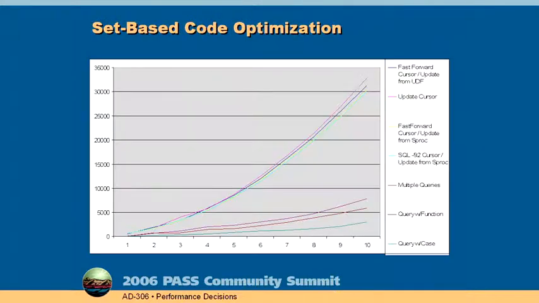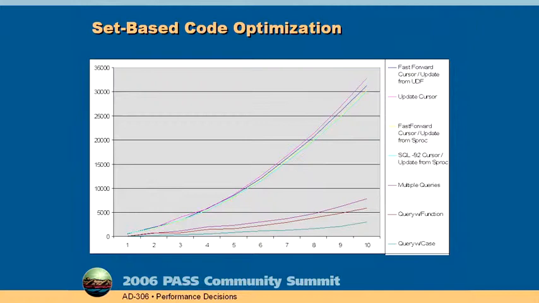Avoiding cursors. This is a test that I did where horizontally, 1 through 10, the data changes with the same amount of new data added with each iteration. And you can see the time vertically on how long it takes to solve this problem. This is simulating a complex business problem with multiple formulas and multiple exceptions, going through and updating the data based upon a very complex formula.